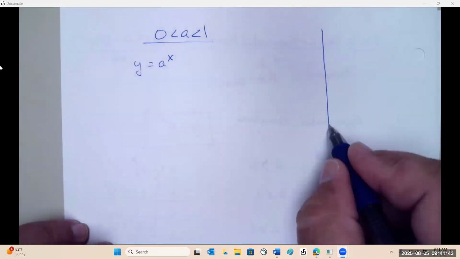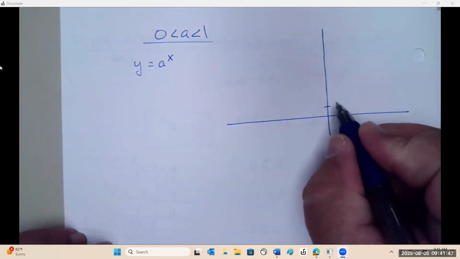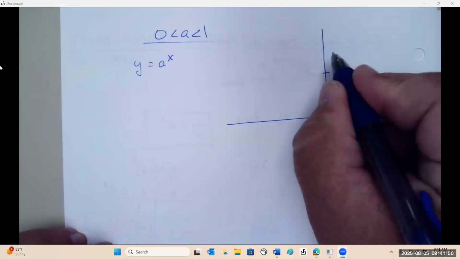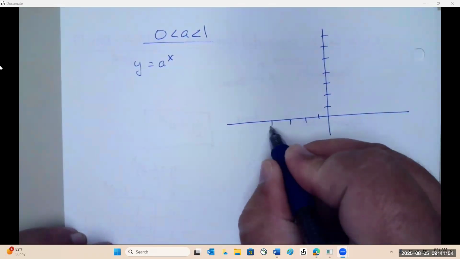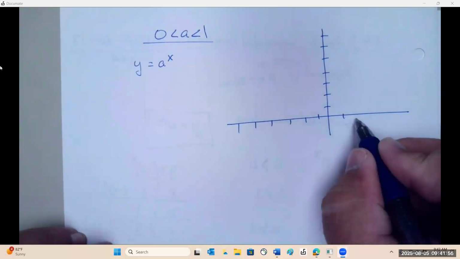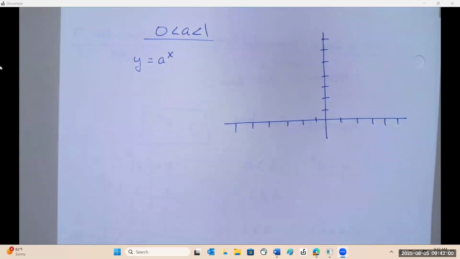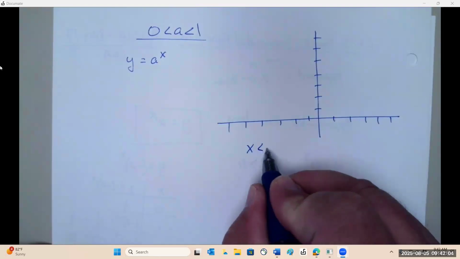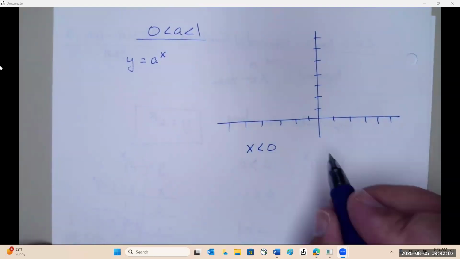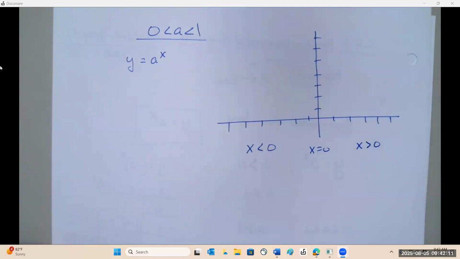Let's look at the graph. Remember, also, same thing. You'll never have negative answers. Your x's can be negative, your x can equal 0, and your x can be greater than 0, it can be positive, your exponents.